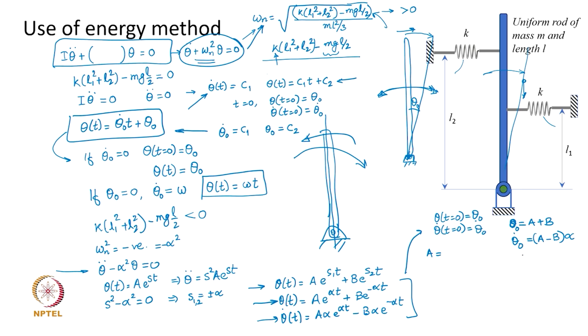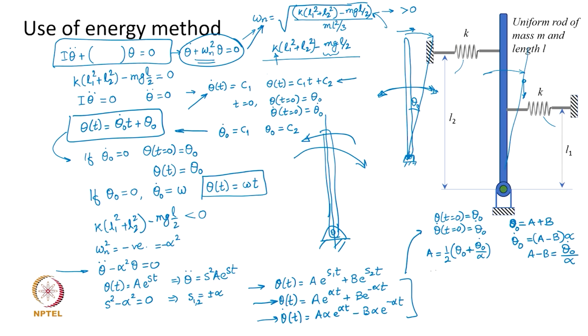So, let us say I write a minus b equal to theta naught dot by alpha, then if you add these two expressions we have a equal to half of theta naught minus theta naught dot by alpha, isn't it. So, oh sorry, this should be plus.